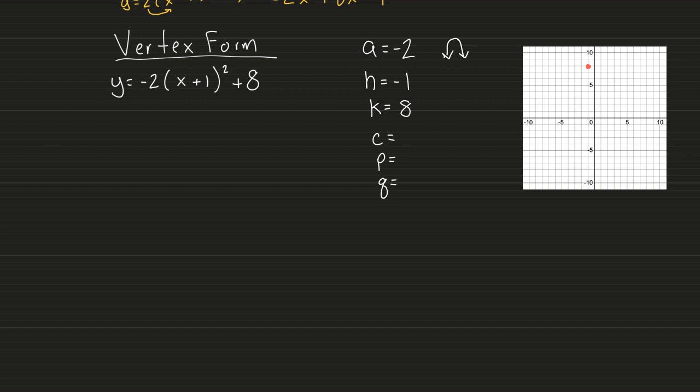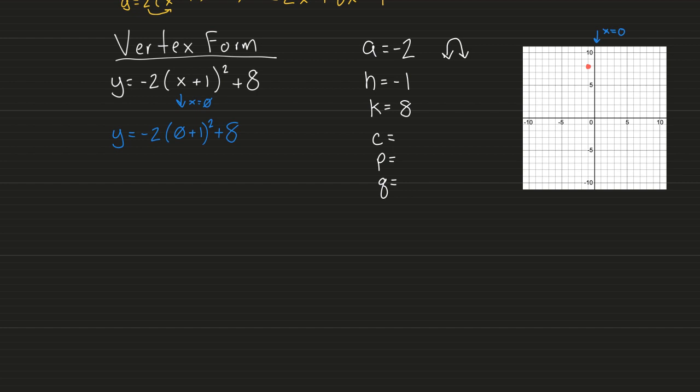Let's think about this one. Before we were able to kind of reason through a little bit, and we said, well, the y-intercept is wherever x equals 0. And so we can plug that in over here and just see what happens. X equals 0. So let's see, y equals negative 2 times (0 plus 1) squared plus 8.